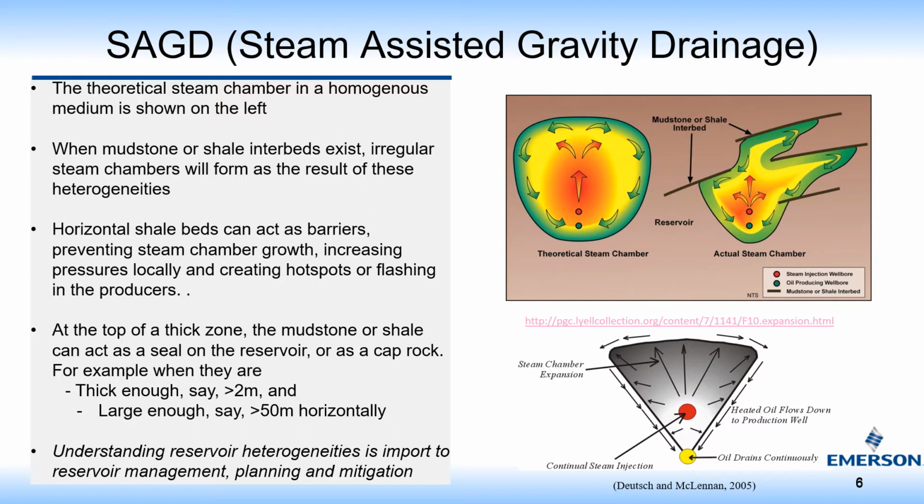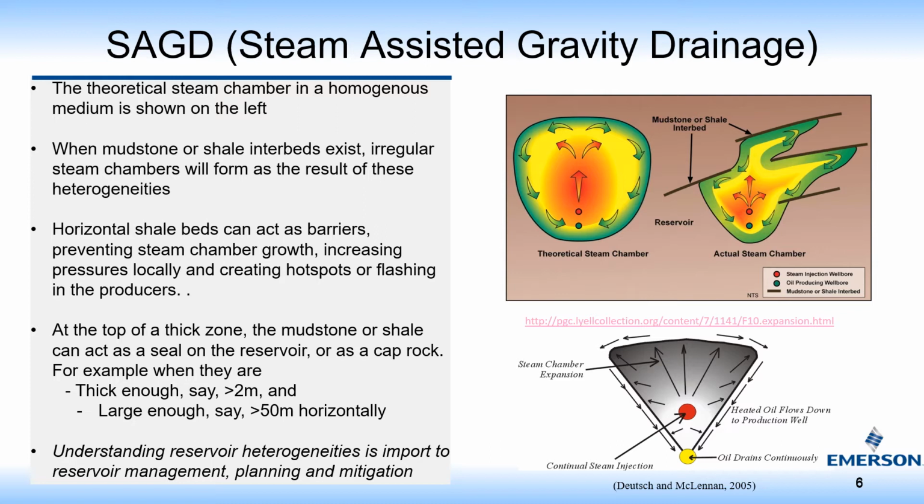As soon as we introduce mudstones and shale interbeds, we get irregular steam chambers illustrated here. And this is what it looks like in the simulator if you put these kinds of features. And on 4D seismic, you get a hint of this as well.